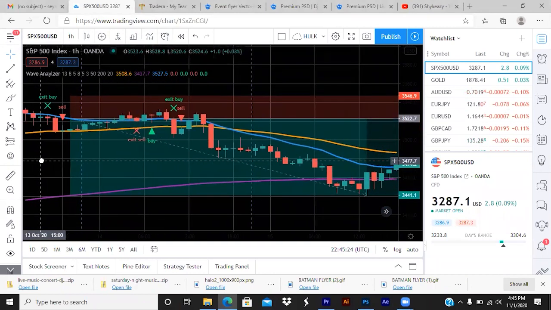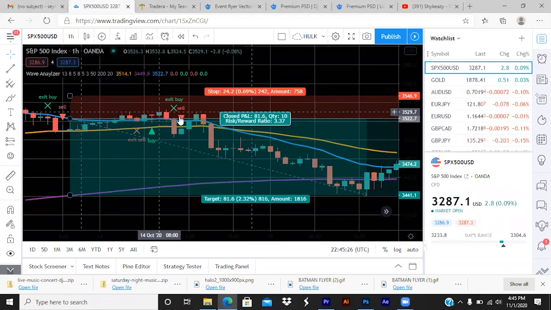And as you see, if we would have held this trade and been patient, right? Yes, we went in the negative for a couple hours, but it pays to wait. Because what happened? It came and smashed take profit 2, which is the purple line, of 816 pips.